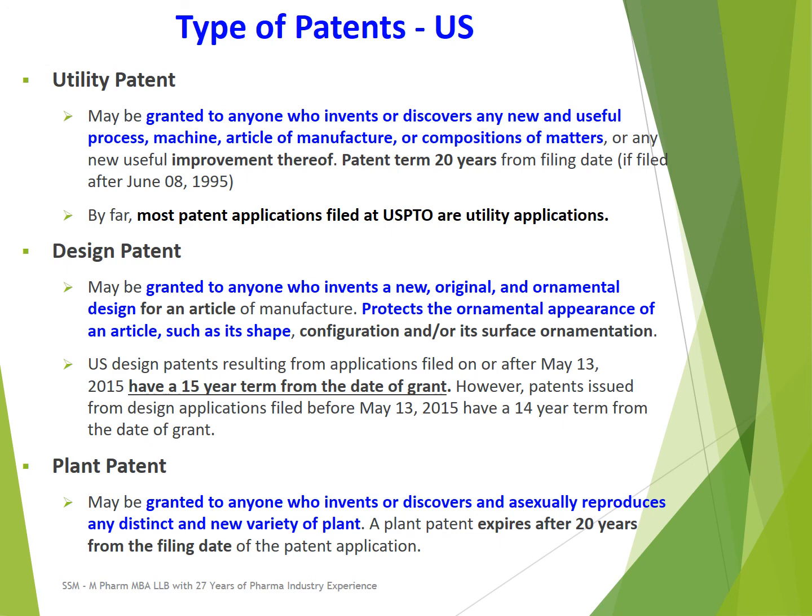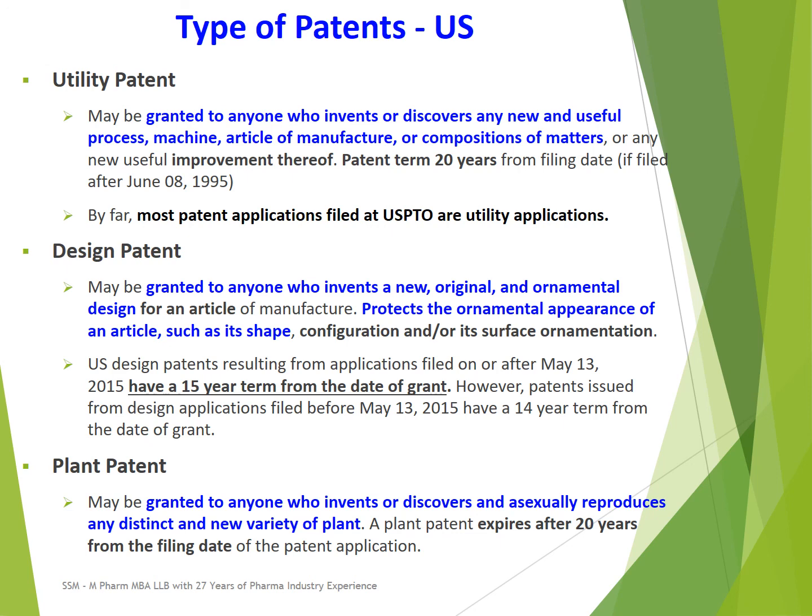So anyone may be granted design patent who invents a new, original, and ornamental design for an article of manufacture. US design patents resulting from applications filed on or after May 13, 2015 have a 15-year patent term from date of grant. Earlier, before May 13, 2015, the term of patent was 14 years from date of grant.